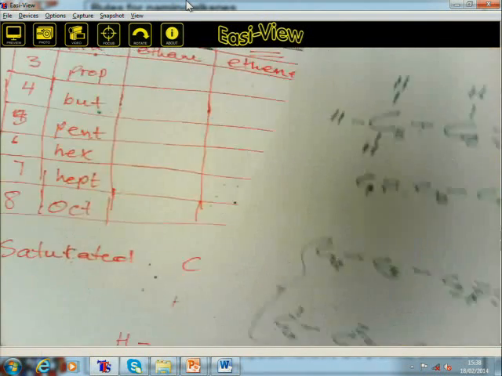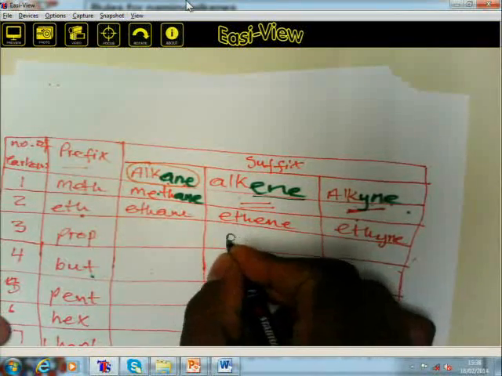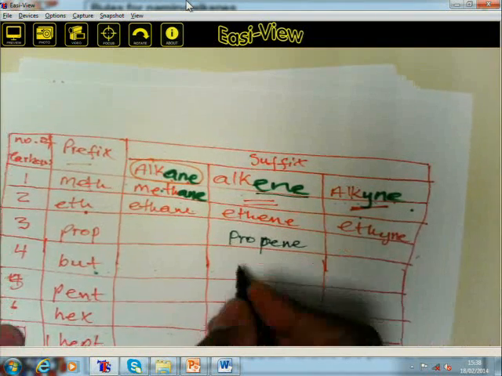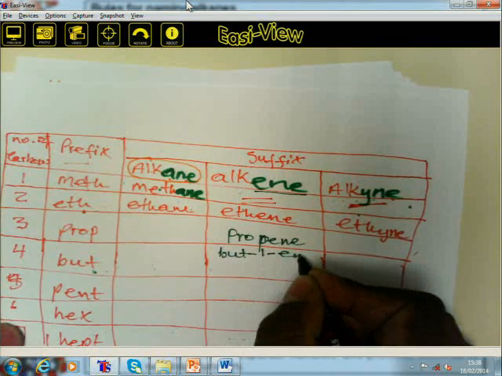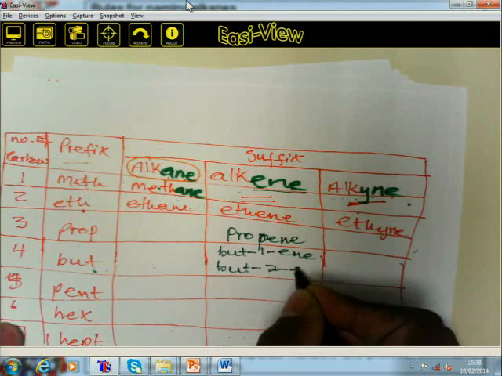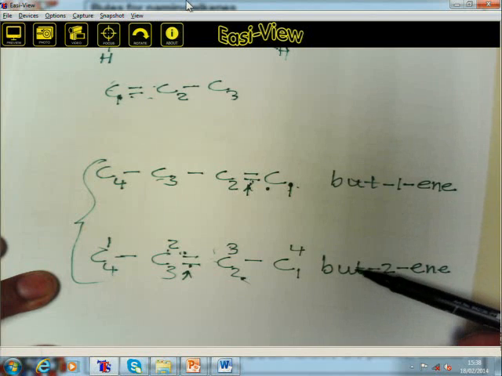So just be careful when you complete the table that you can have propene here, but here you can have but-1-ene, or we can have but-2-ene. And then we have shown you with the structure the difference between but-1-ene and but-2-ene.